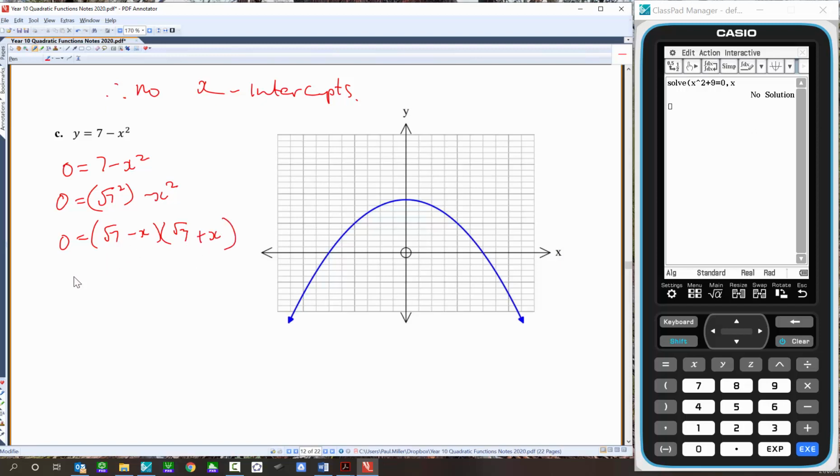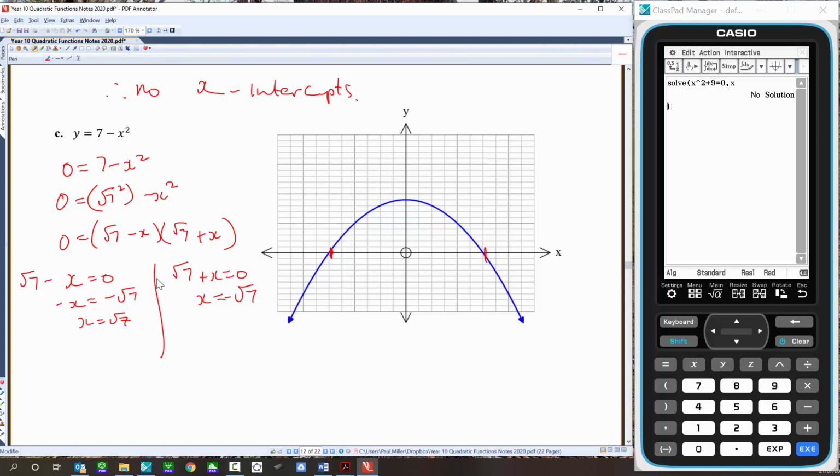All right, let's apply the null factor law. We've got root 7 take x equals 0, negative x equals negative root 7, x equals root 7. All right, our other possible one is root 7 plus x equals 0, x is equal to negative root 7. Okay, so there are our 2 x-intercepts.